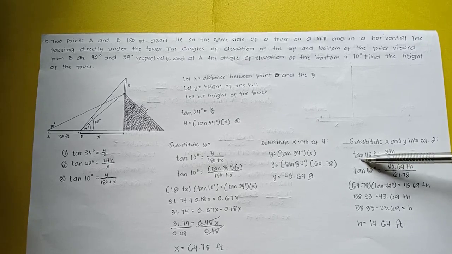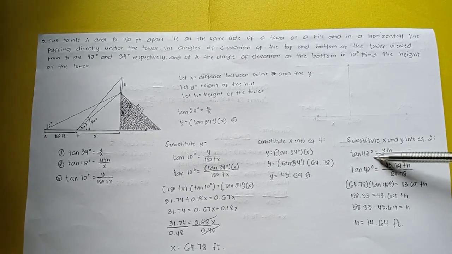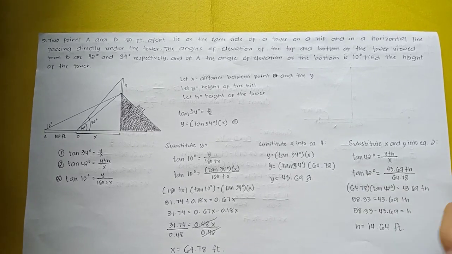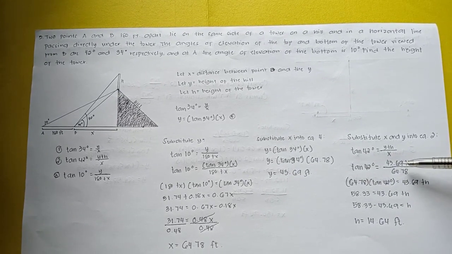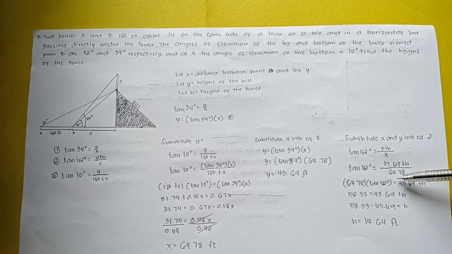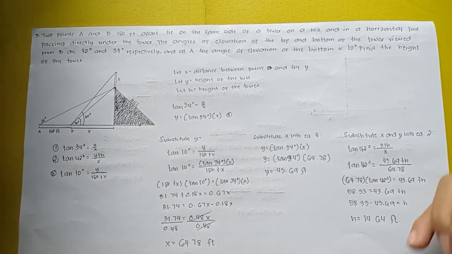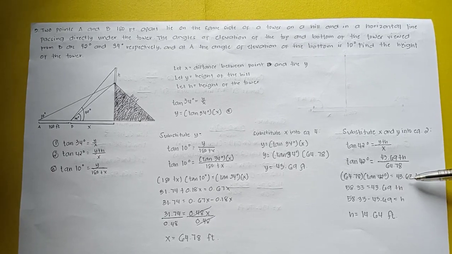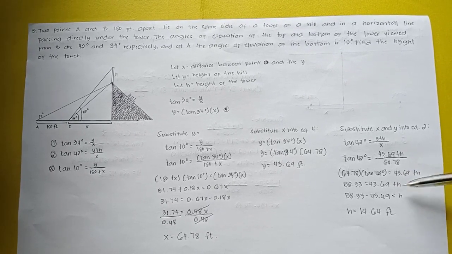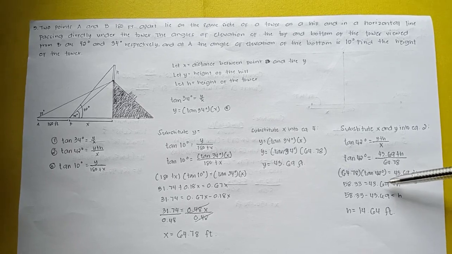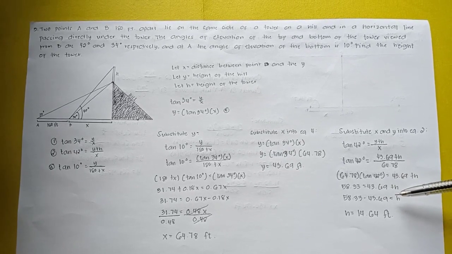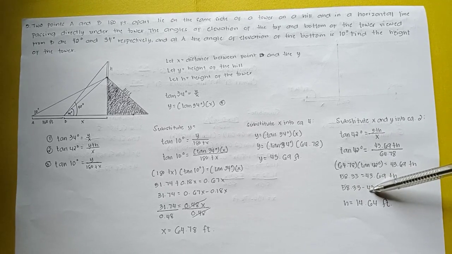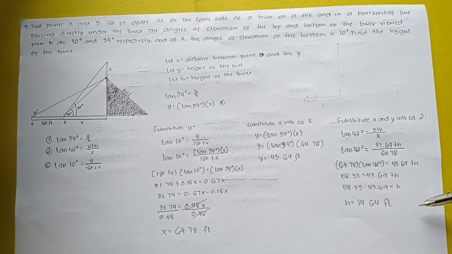Substitute x and y into equation number 2. Tan 42 degrees equals y plus h over x. Tan 42 degrees equals 43.69 plus h over 64.78. 64.78 times tan 42 degrees equals 43.69 plus h. 58.33 equals 43.69 plus h. 58.33 minus 43.69 equals h.